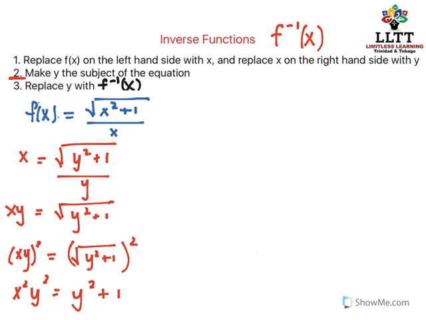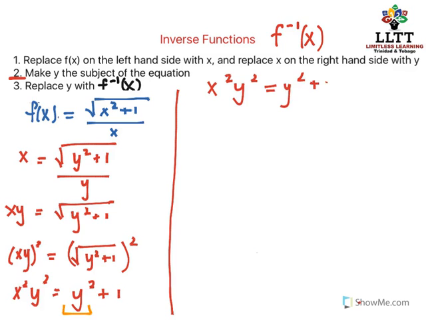plus 1. And now I want to put everything that involves y on one side. So I have a y term on my left already. I want to put the y term that's on the right-hand side, which is this one, on that side. So I have x squared y squared is equal to y squared plus 1. Right?